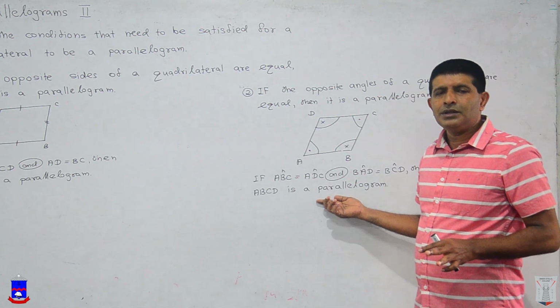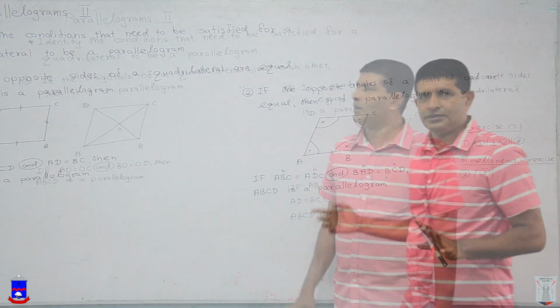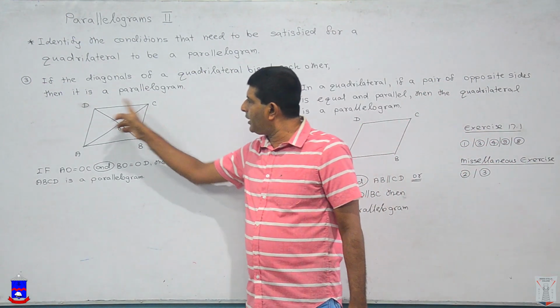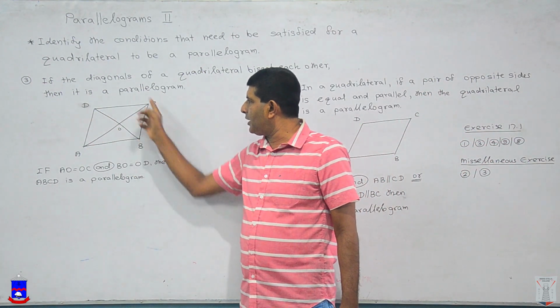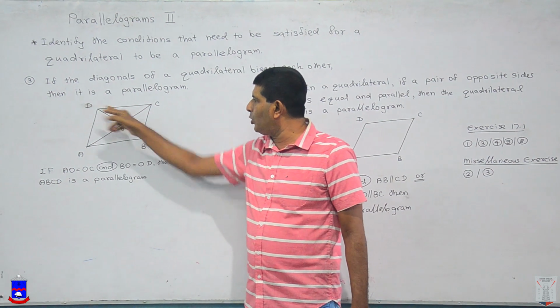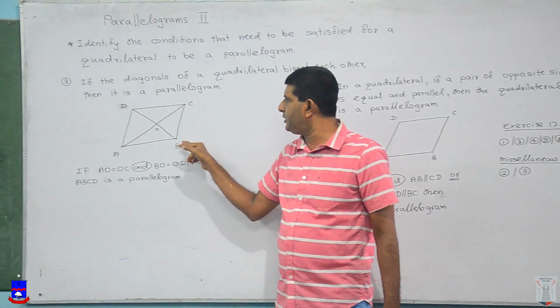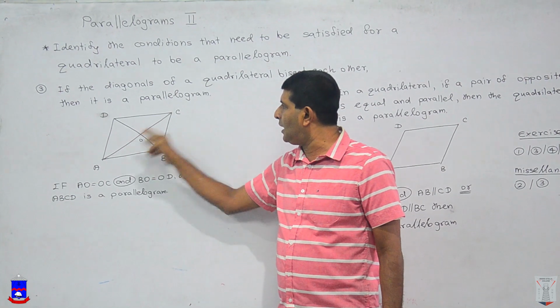Now we are moving to our third condition. Now they give a quadrilateral ABCD like this, with two diagonals DB and AC drawn.